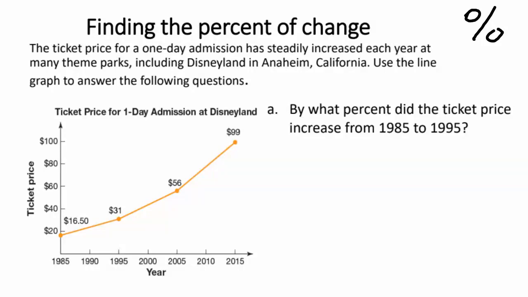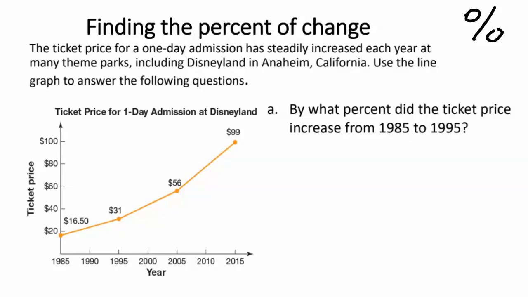Now, I'm going to have to read what I have here, and they also give me a table to read. But let's read the story, and then there's a couple of things I need to tell you. The ticket price for a one-day admission has steadily increased each year.